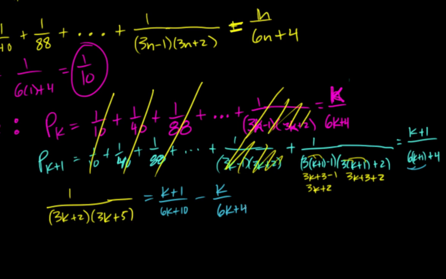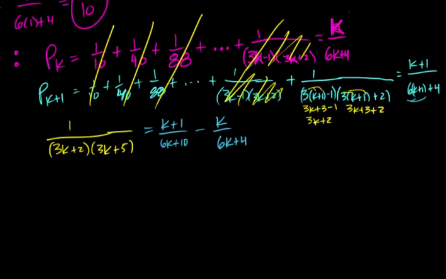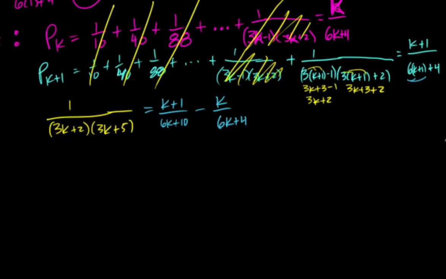Now what it comes down to is we just need to prove that the left and the right sides are equal to each other. The first thing I want to do is factor out some stuff on the bottom here and try to combine this into one fraction. So this 6 and 10, I can take out a 2.